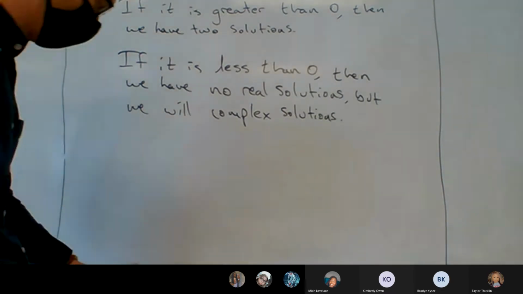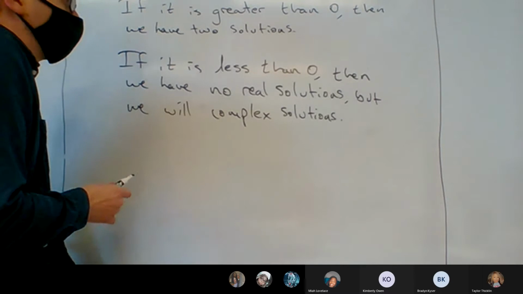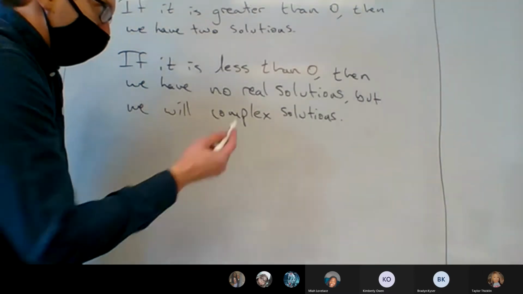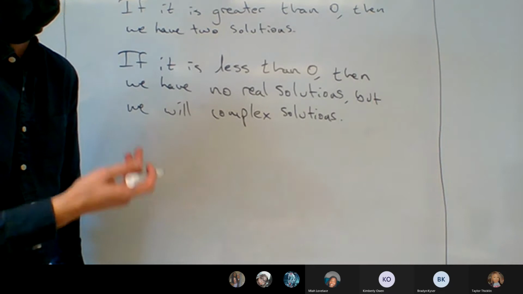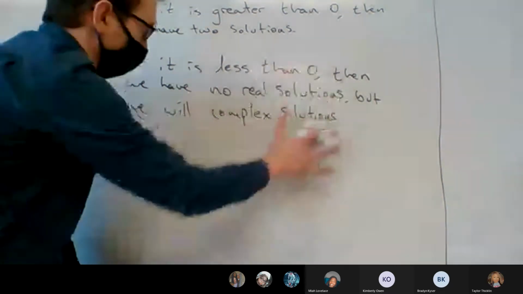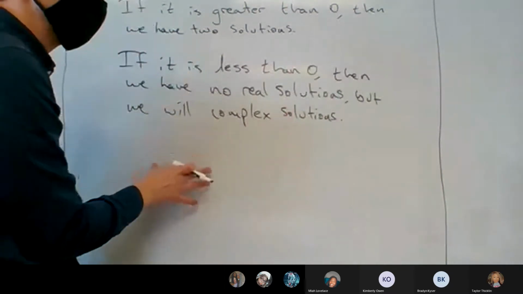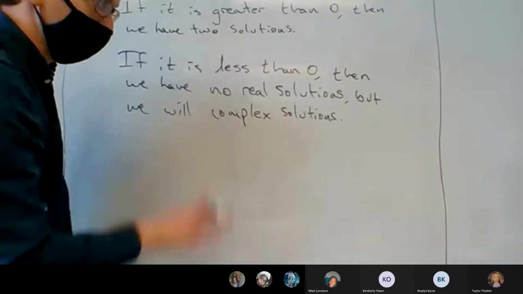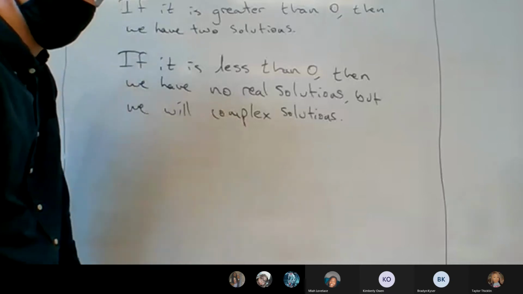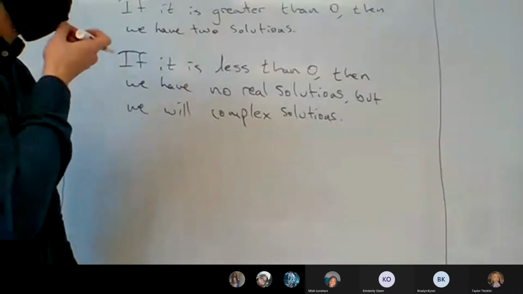So what am I talking about here? Well, if the discriminant is less than 0, then that means the thing under the square root is negative, right? That means the thing under the radical is negative, but we don't allow for that, right? Not in the real numbers. If we say square root of -2, that's meaningless in the real numbers.